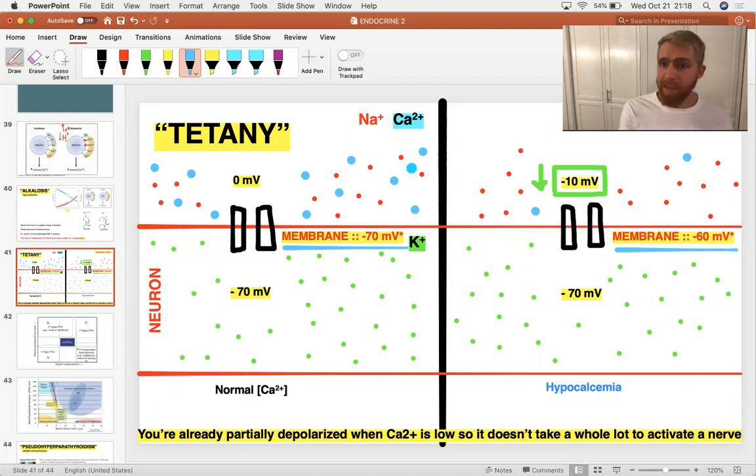So if you have less calcium and all other ion concentrations are the same, then your extracellular fluid will have a lower voltage than if you had a normal calcium. And so that lower voltage means you have a lesser membrane potential. And that lesser membrane potential means it's easier to depolarize a neuron and send an action potential down it. And so when that happens to the neurons that go to your skeletal muscles, they jerk. So that's tetany.